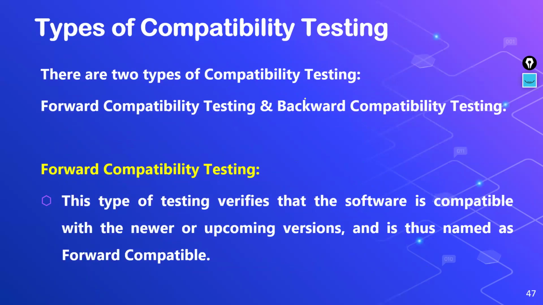We have two types of this. One is forward, another one is backward. Forward is like, let's say you created your application for Windows 10. That was the original idea. On Windows 10 it's going to work for sure.